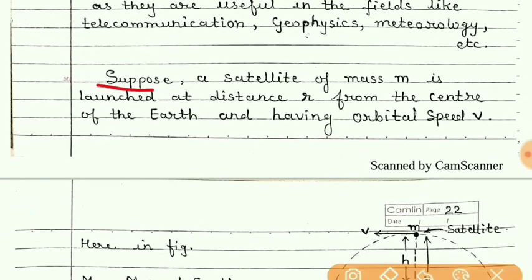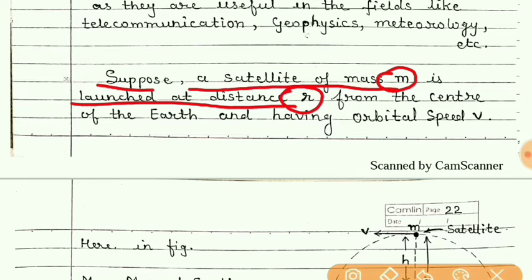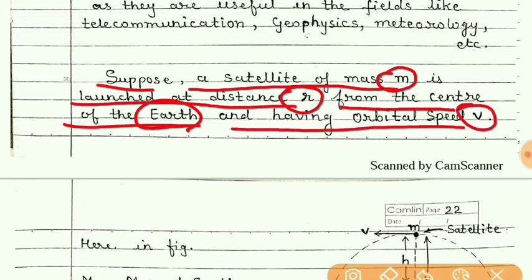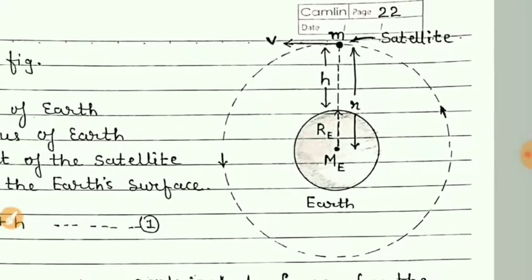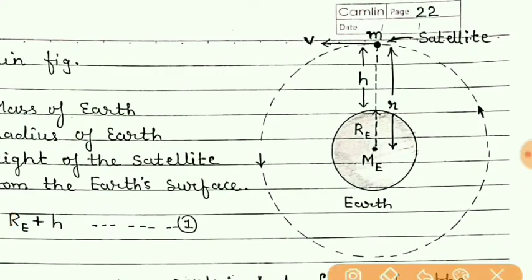Now, suppose a satellite of mass m is launched at a distance r from the center of the Earth and has orbital speed v. Here you can see this figure. This is Earth, and the whole mass of the Earth is imagined to be concentrated at its center.